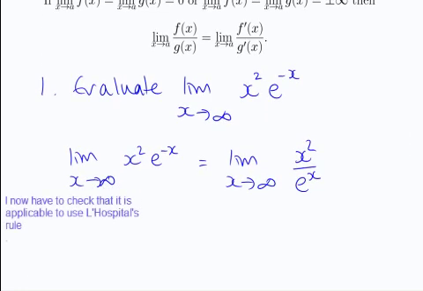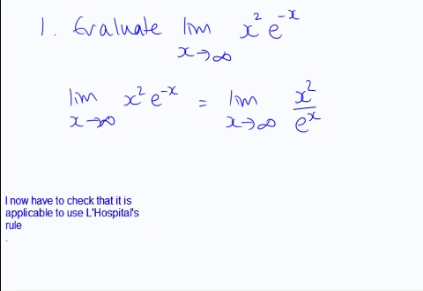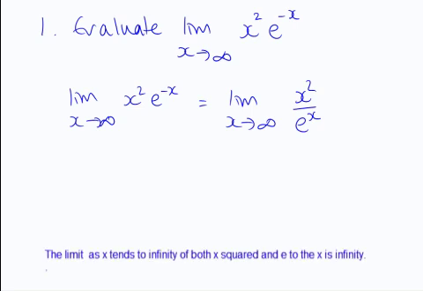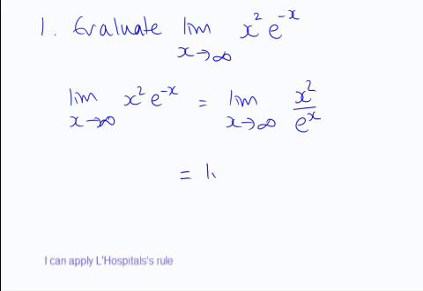And there's my quotient. So what I now have to check is that it's applicable to use L'Hopital's rule, and the limit of both x squared and e to the x, as x tends to infinity, is infinity in both cases.